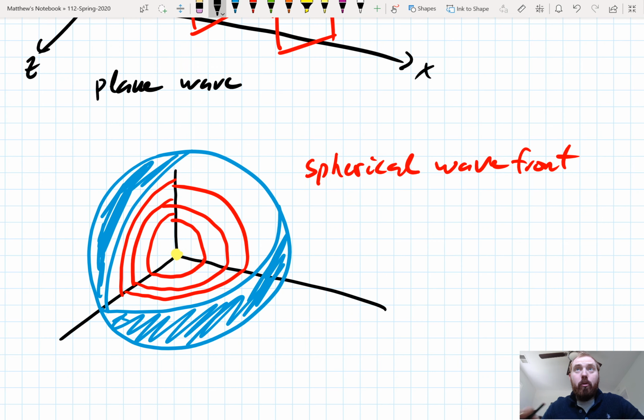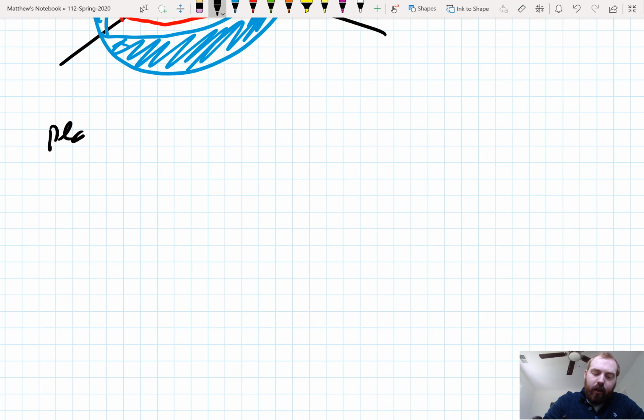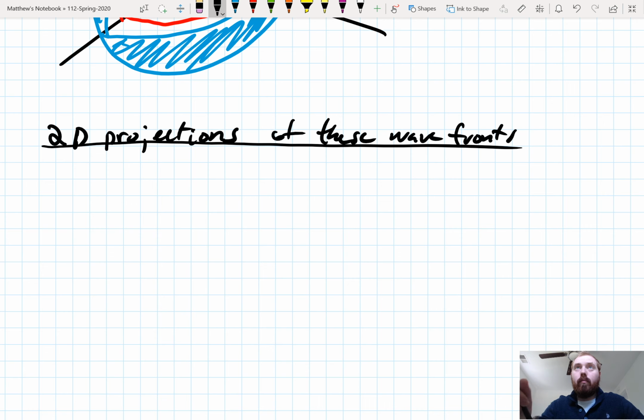Let's go to 2D projections of these. All right. Here are our plane waves again. This will help us visualize what the heck we're trying to establish. All right, so 2D projections of these wavefronts. What we're going to have is just slice, slice, slice.